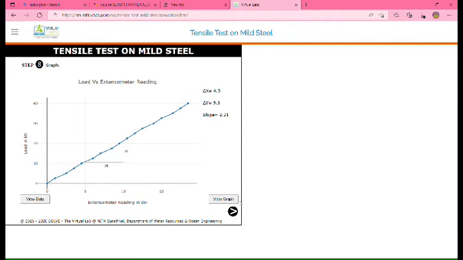Okay, so we got x axis is equal to 4.3 and y axis is equal to 9.5, and lastly we got slope equal to 2.21.